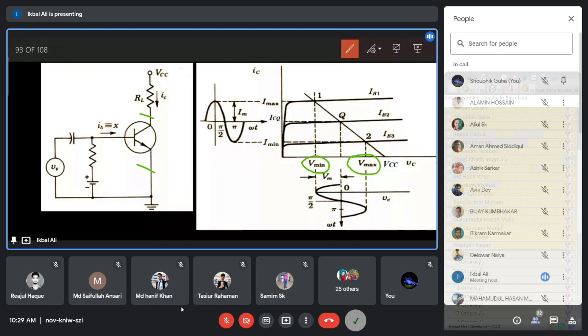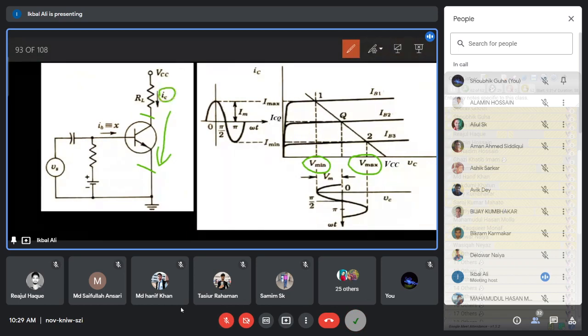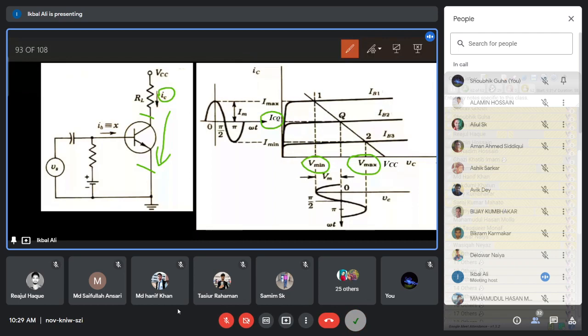The AC current actually flowing through the transistor gives you the AC collector current, small i, small c. Small i, small c gives you the true AC current. Only AC is there. The DC current is capital I, capital C, Q. That is why the suffix is also capital and the parameter is also capital.